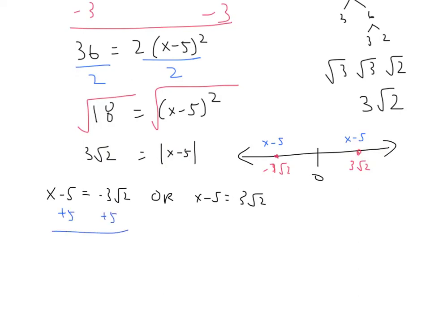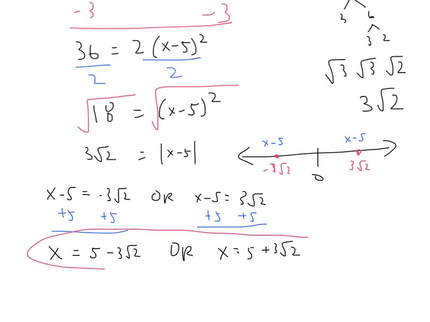So we ended up with negative 3 radical 2 plus 5, or that could be written this way, 5 minus 3 radical 2. Or, the other side, if we add 5 to both sides, we get x is equal to 5 plus 3 radical 2. So these are my two answers, 5 minus 3 radical 2, or 5 plus 3 radical 2.